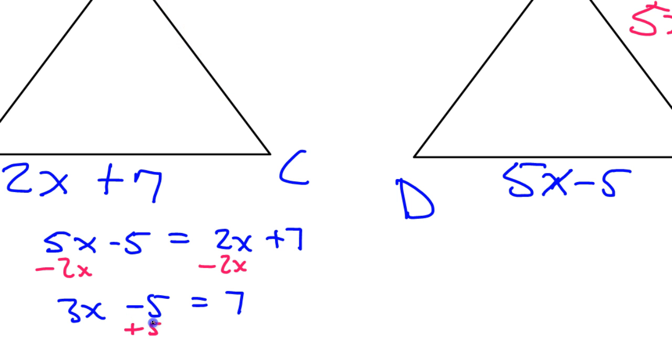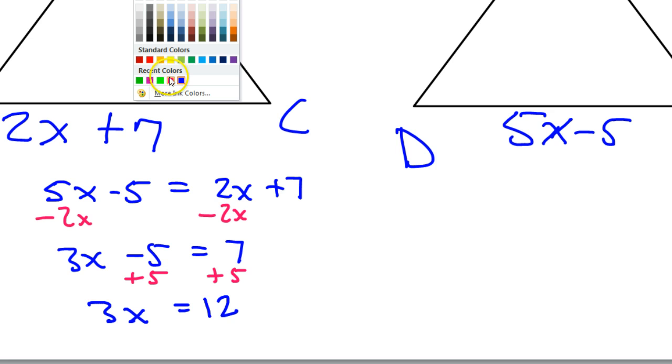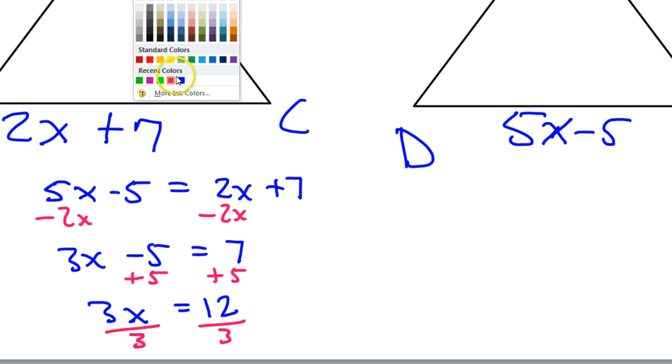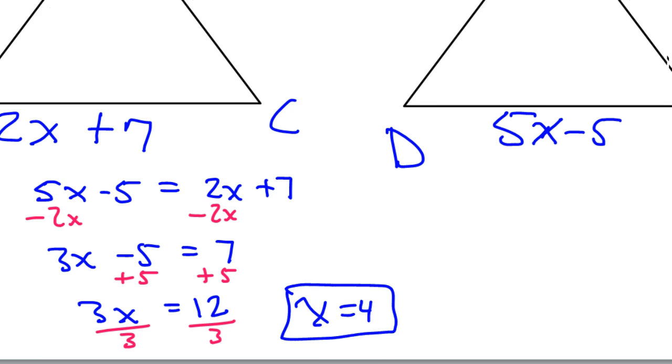Then if you add 5 to both sides, that's going to give us 3x is equal to 12. And then you would divide both sides by 3. And that's going to give you x is equal to 4. So that's one of the things that we were supposed to find.